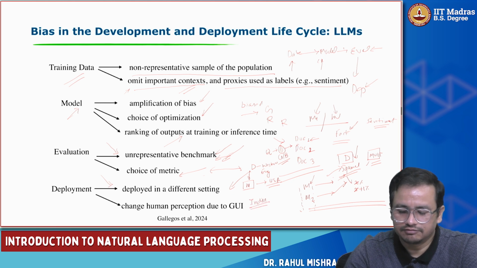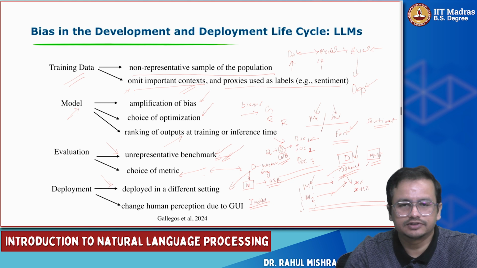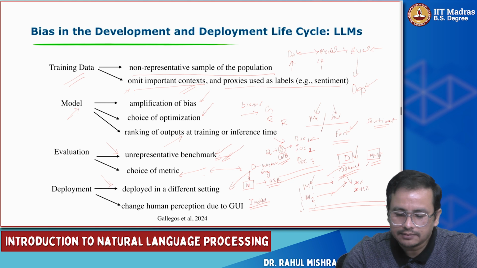We have different festivals, different customs and traditions, different lingos, different slangs and whatnot, which are not captured in this data. I trained my model with Western data intended for USA.